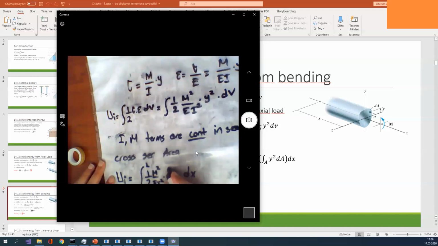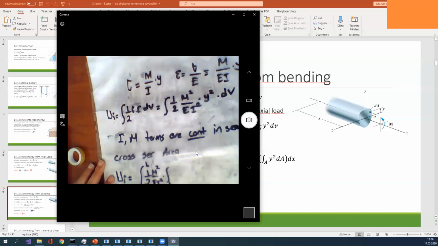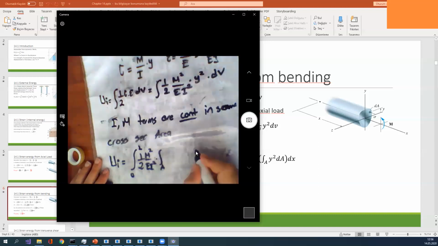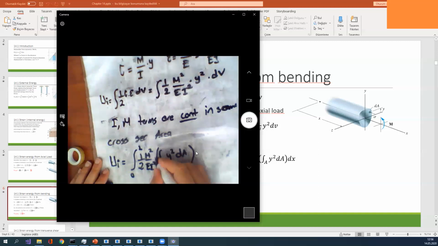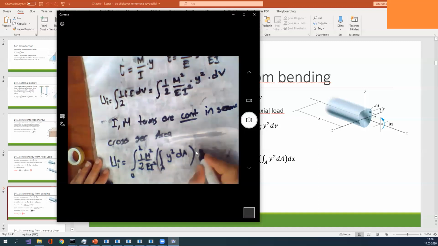So inside the parentheses, we have the area integration. Sorry, I want to move dx out, like this. y square dA, in parentheses, is the area integration, times dx.